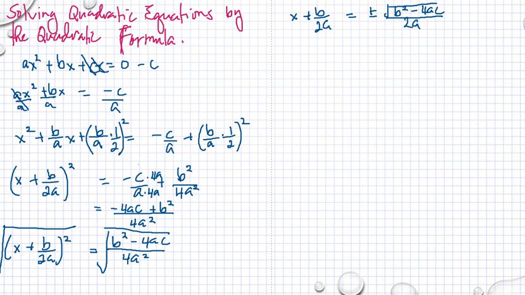If we subtract both sides of the equation by b divided by 2a, this side is 0 now, and then we have our equation.